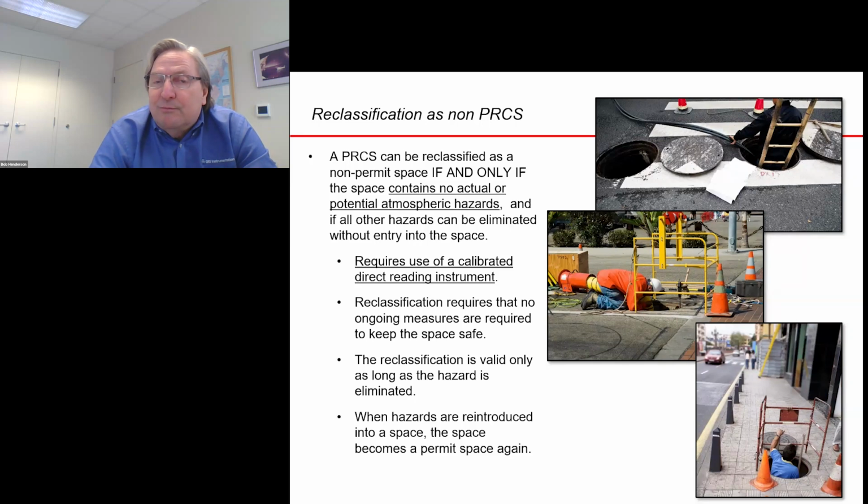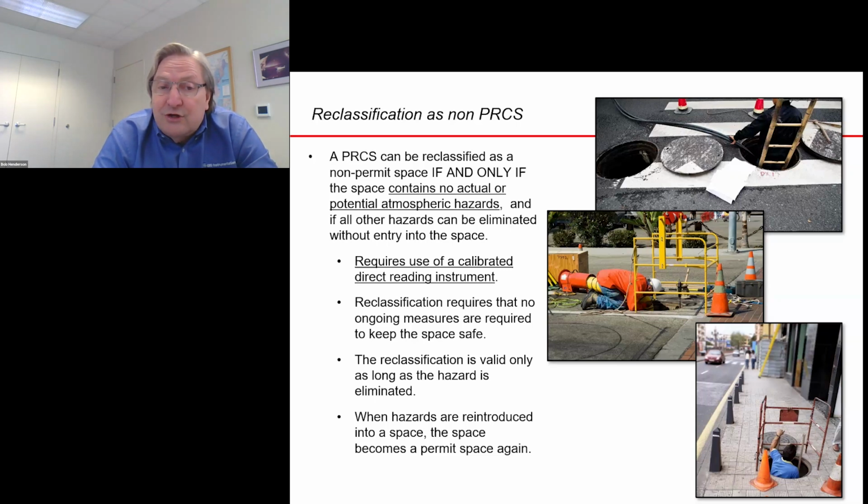Reclassification as a non-permit required confined space. You can reclassify if and only if the space contains no actual or potential atmospheric hazards, and if all other hazards can be eliminated without entry into the space. It still requires use of a calibrated direct reading instrument to ensure that when you say there are no atmospheric hazards, you have tested and determined that that is the case.